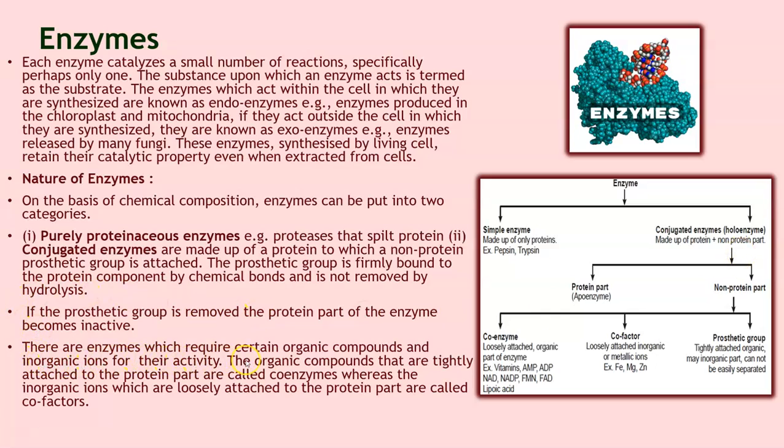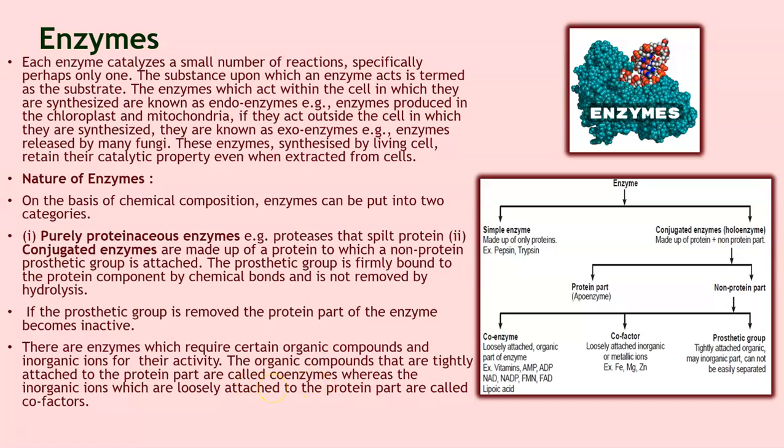These are enzymes which require certain organic compounds and inorganic ions for their activity. The organic compounds that are tightly attached to the protein part are called coenzymes, whereas the inorganic ions which are loosely attached to the protein part are called cofactors. So if you have an organic compound that is associated with the protein, then they are called coenzymes, and if it is an inorganic ion, then they are called cofactors.